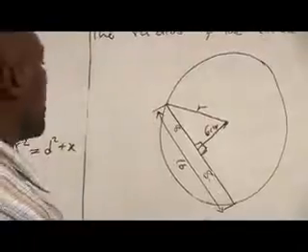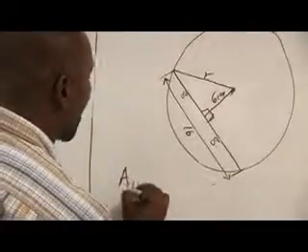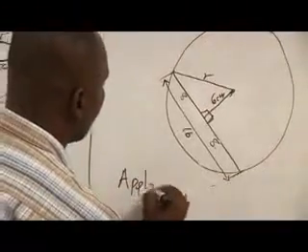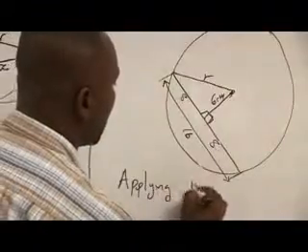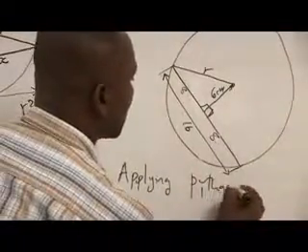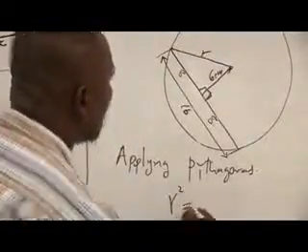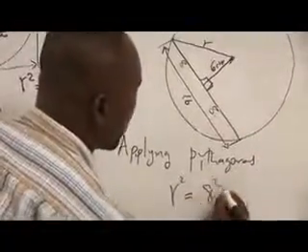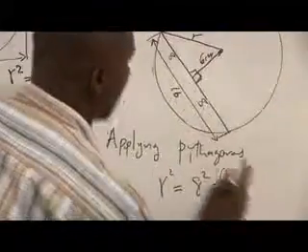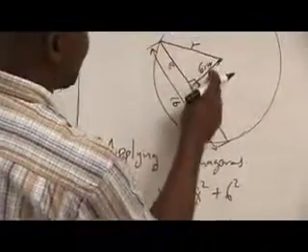I say, okay, again applying Pythagoras. We say R squared is equal to what? 8 squared plus 6 squared, the adjacent sides.